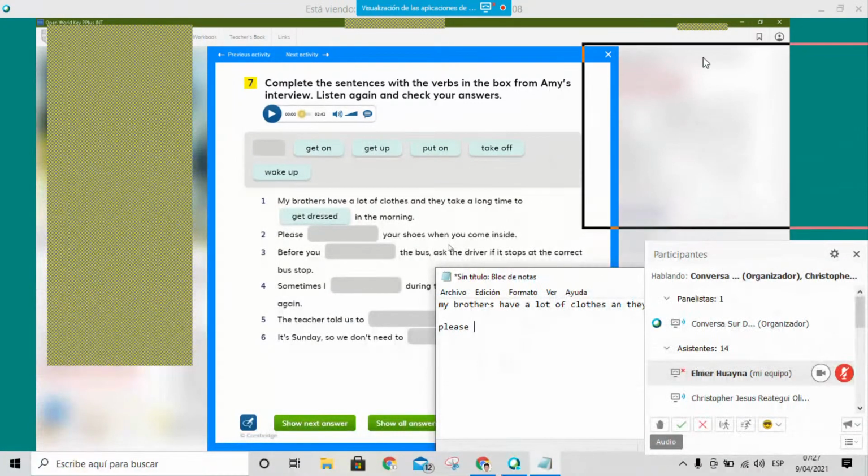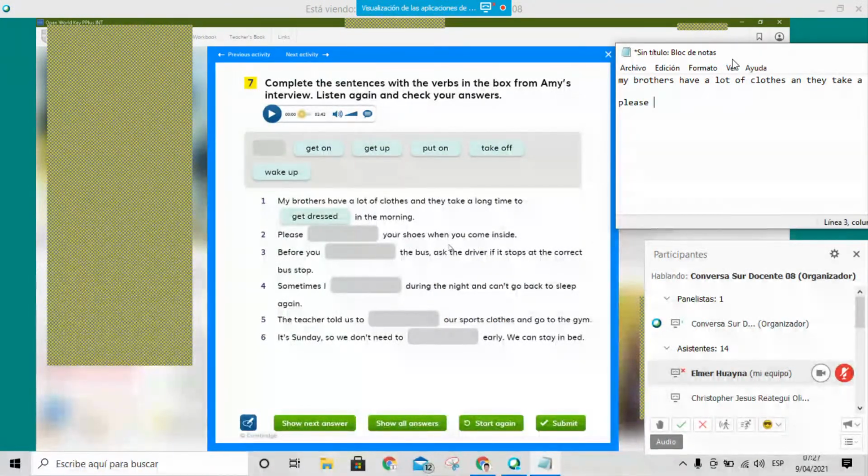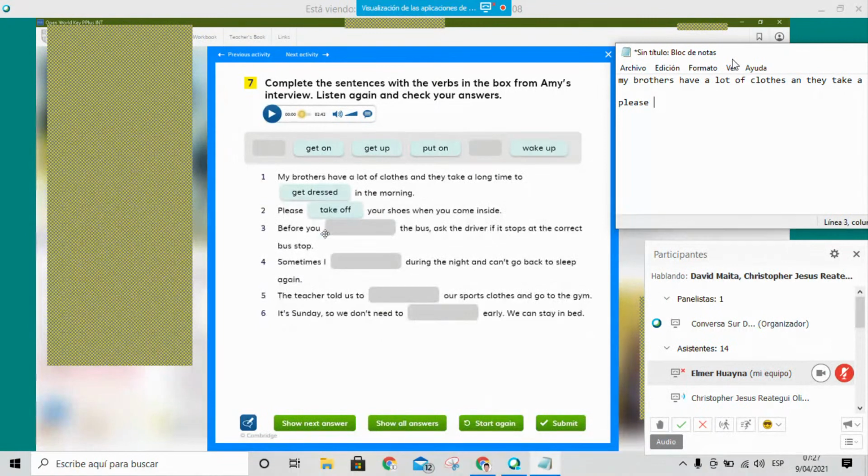Other number. Two, David. Three. Please take off your shoes when you come inside. Okay, good. Another one. Miguel. Before you get on the bus, ask the driver if it will stop at the correct bus stop.